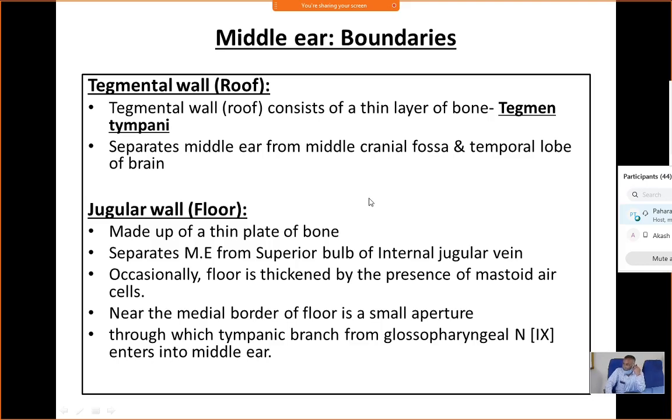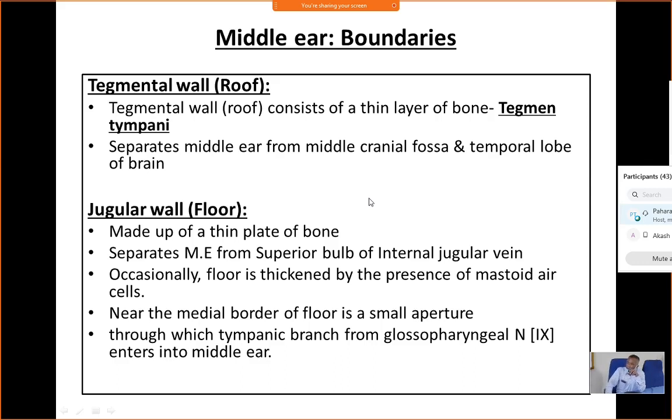Then the infection will directly communicate to the middle cranial fossa, or it may spread to the brain. Or if during some procedure you injure the tegmen tympani, you are almost ready to injure the structures in the middle cranial fossa.